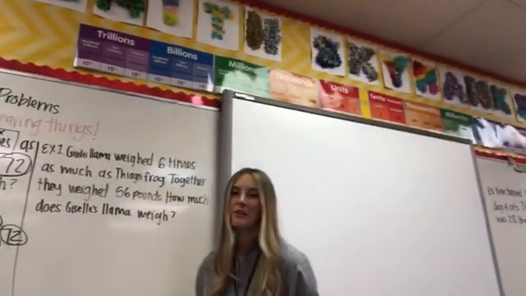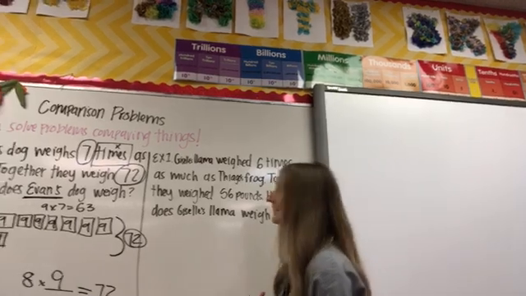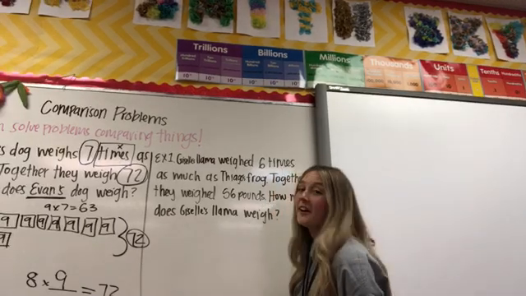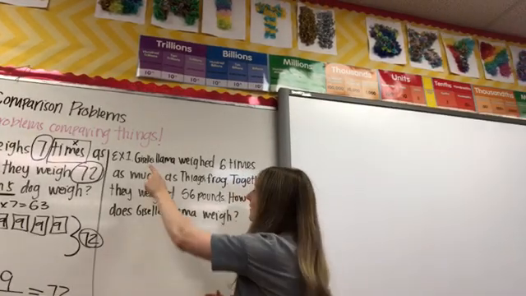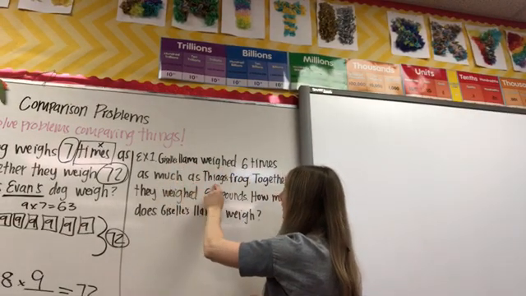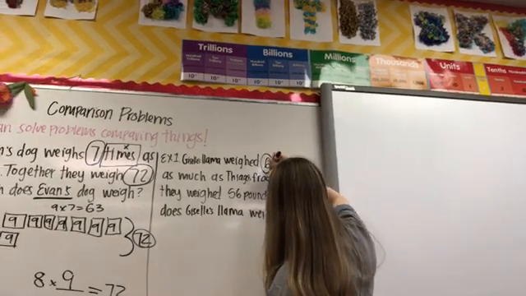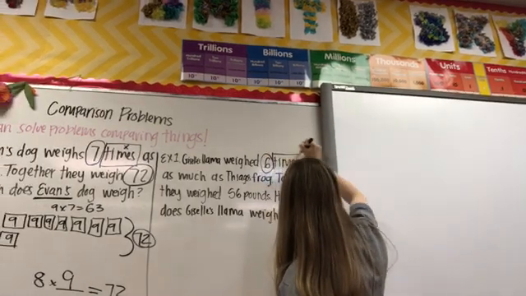All right, we're done talking about puppers. Now we are talking about llamas and frogs. Our example number 1 says Giselle's llama weighed 6 times as much as Thiago's frog. Right now I'm going to circle my 6 and box my times.